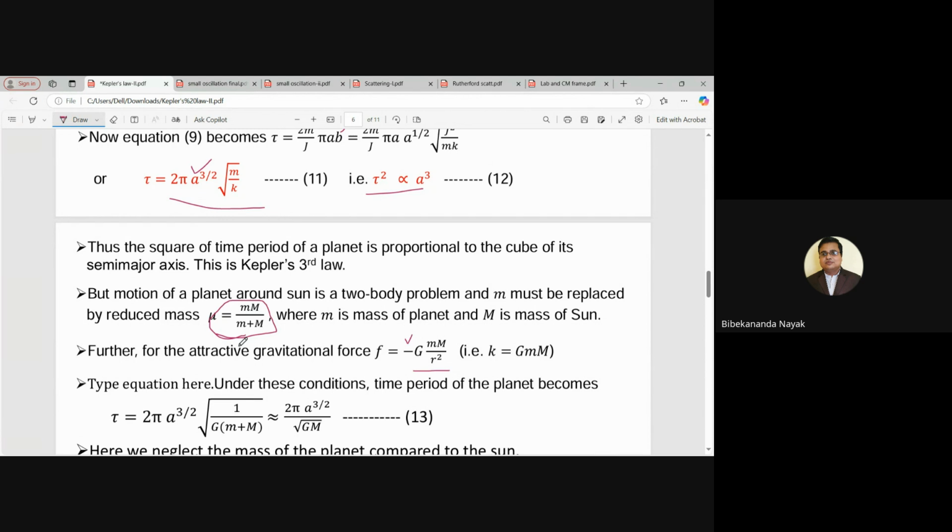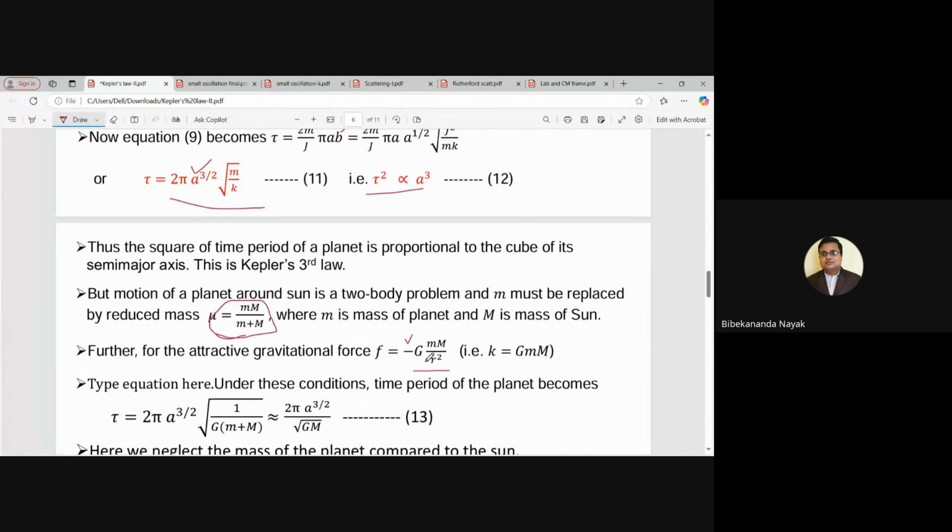If the central force is attractive, the sign will be negative. But in plus 2 books, it was written positive; they are considering only the magnitude, the modulus. But actually there is a minus sign. This is an attractive force, so it should be minus GMm by r squared.